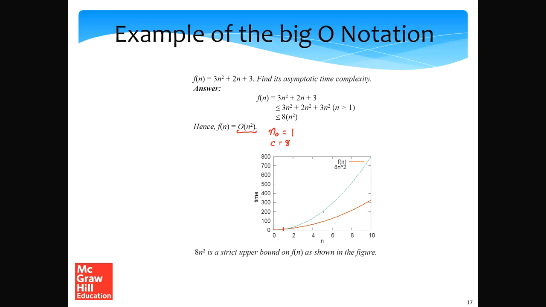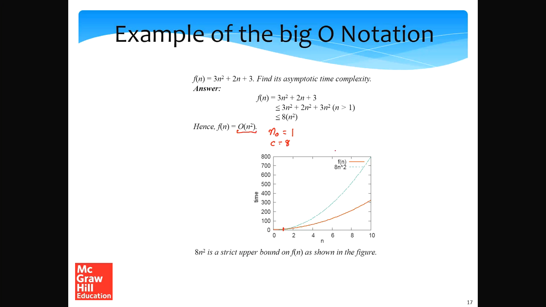So 8n square is this green curve over here and fn is the red curve. So we can see that 8n square is clearly greater at all points as compared to the original function fn. So we can say that 8n square is an upper bound on fn as shown in the figure.